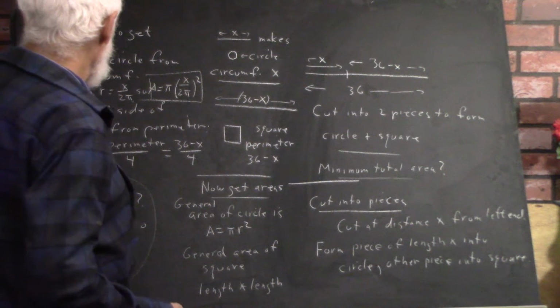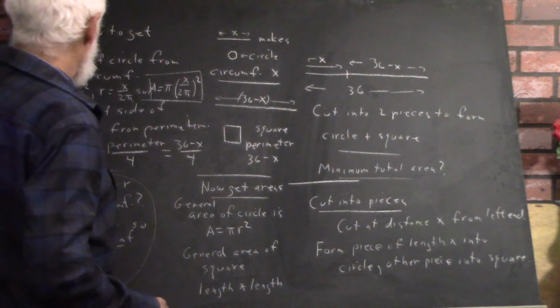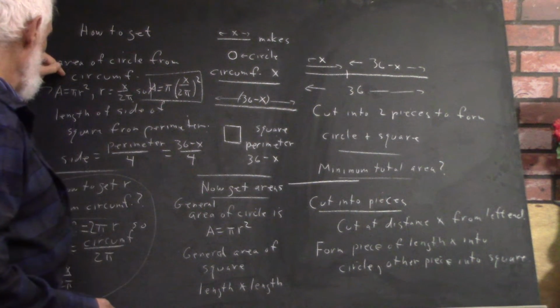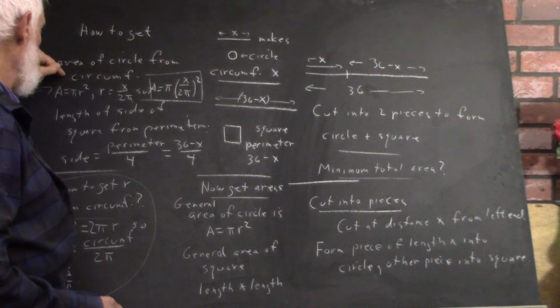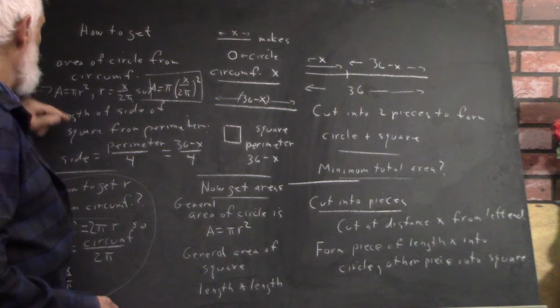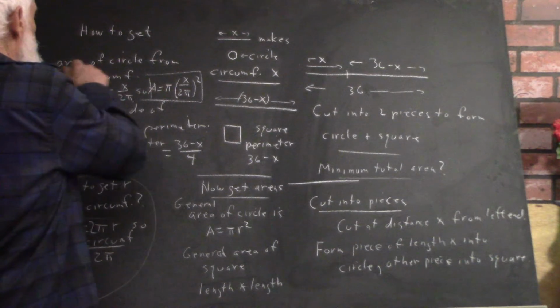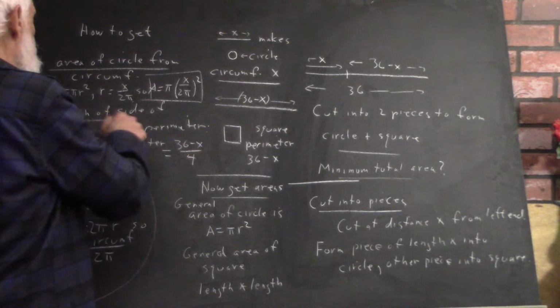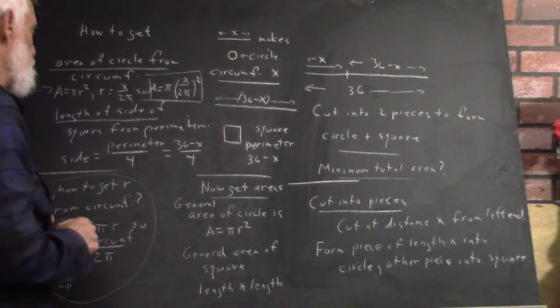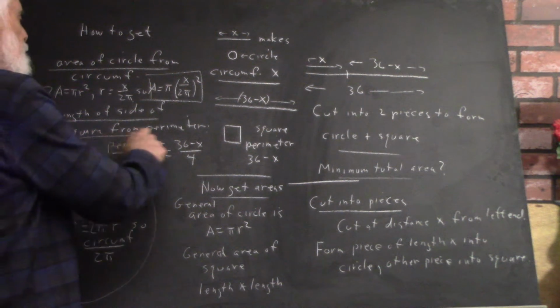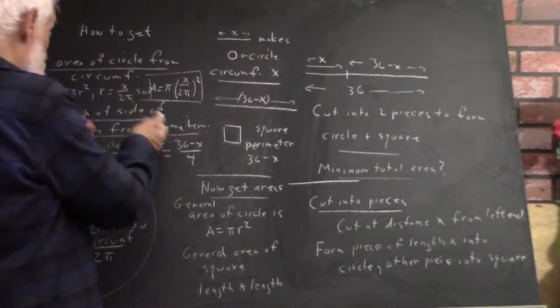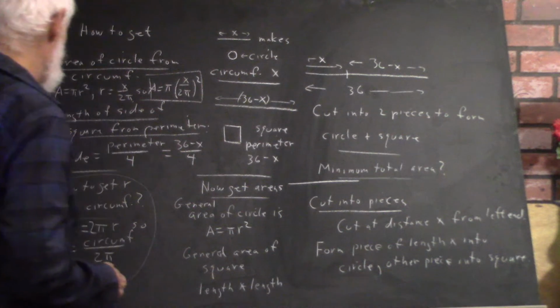Okay, how do we get the area of a circle from the circumference? Well, that turns out to be a fairly complicated question. We chose to answer the other question first: the length of the side of a square. Knowing the perimeter, how do we get the length of the side of the square?